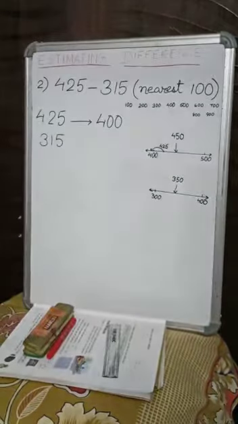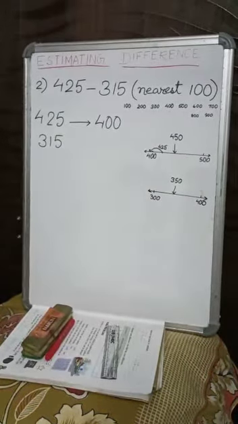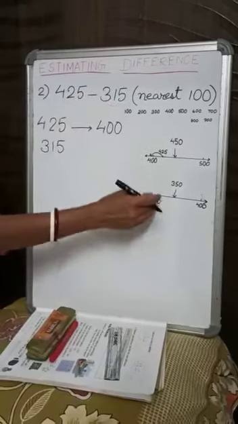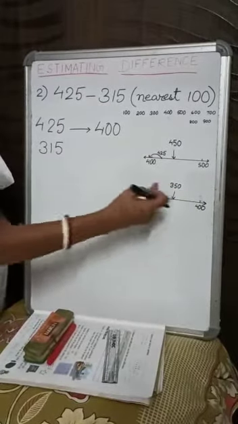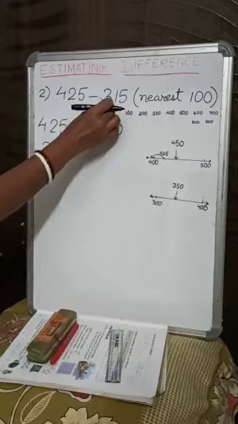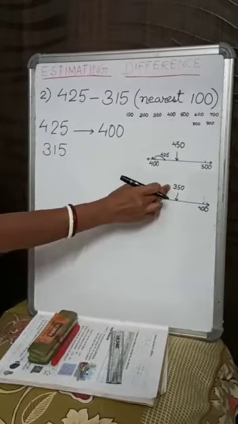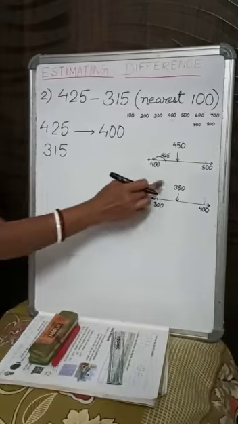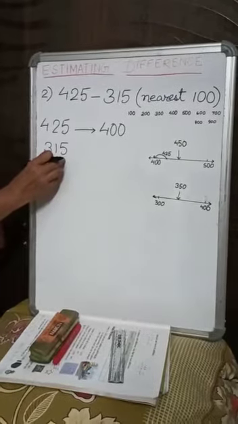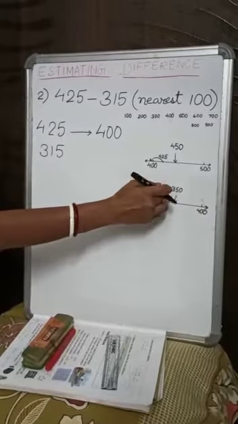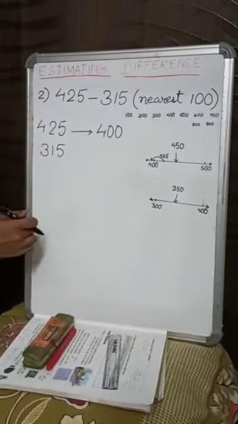350. Now you have to see whether 315, the given number, is less than the middle number or greater than the middle number. So since in the question you can easily find out, if we compare these two numbers, 315 and 350, we can tell that 315 is less than the middle number 350.